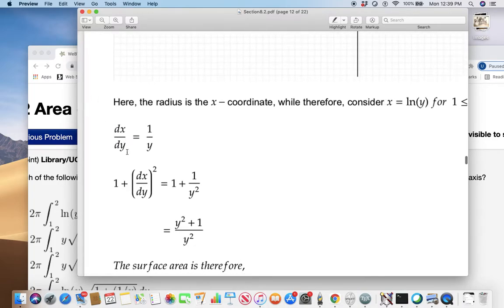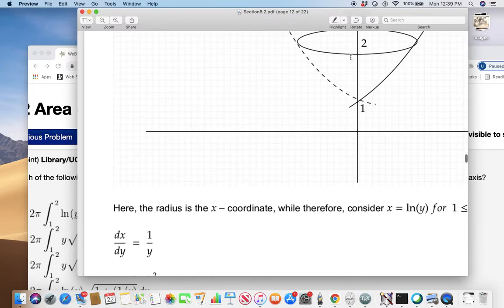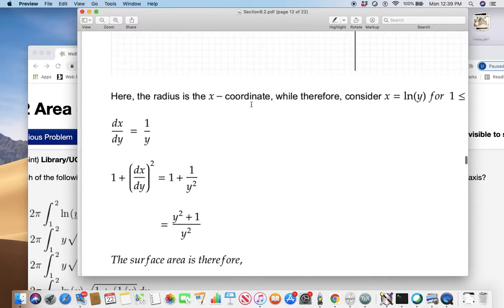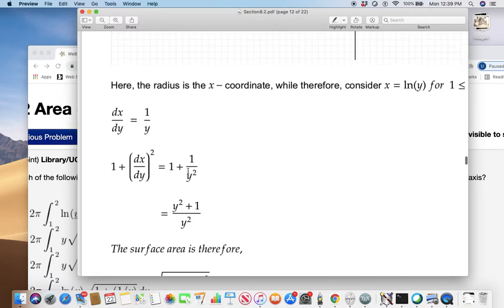Now, dx/dy is 1 over y. Notice we are rotating about the y-axis, okay? So 1 plus (dx/dy) squared is 1 plus 1 over y squared. Oh, sorry, dx/dy is 1 over y, (dx/dy) squared is, yes, this is correct. So now this is y squared plus 1 over y squared.